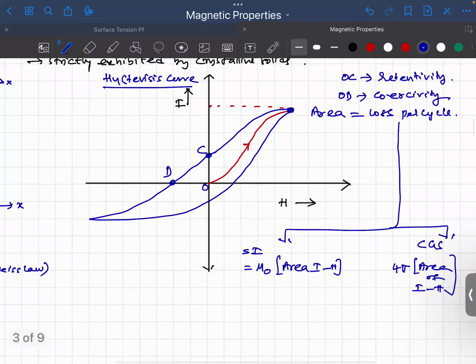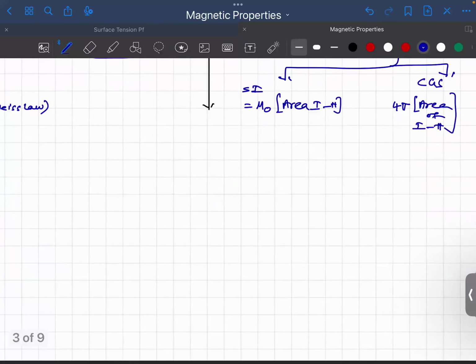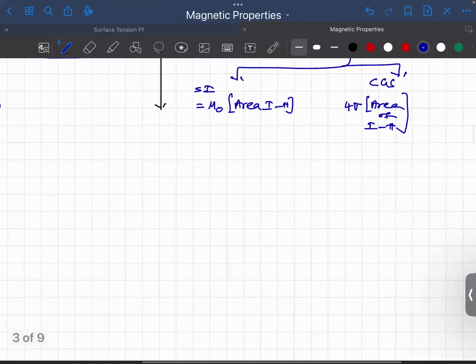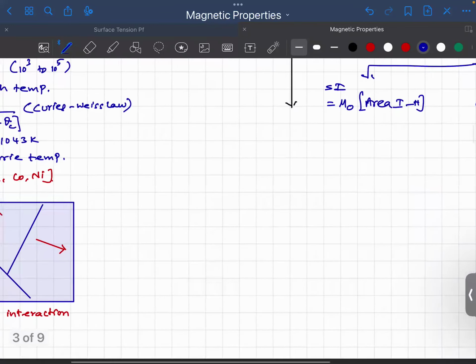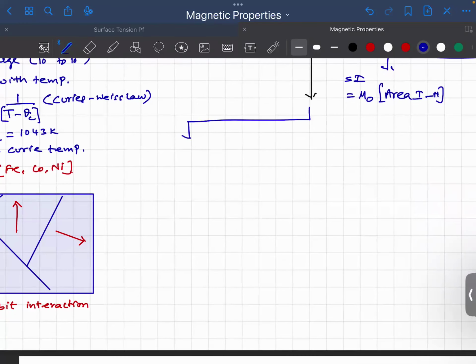Materials are classified into two categories. One, soft magnetic materials. Two, hard magnetic materials.